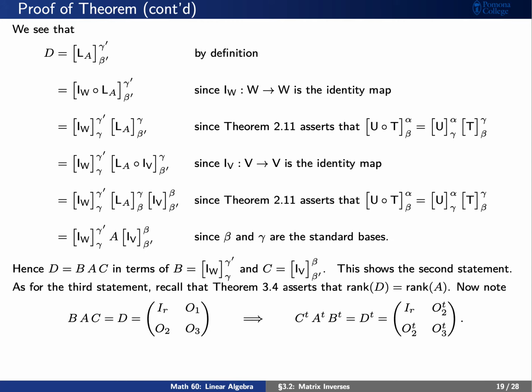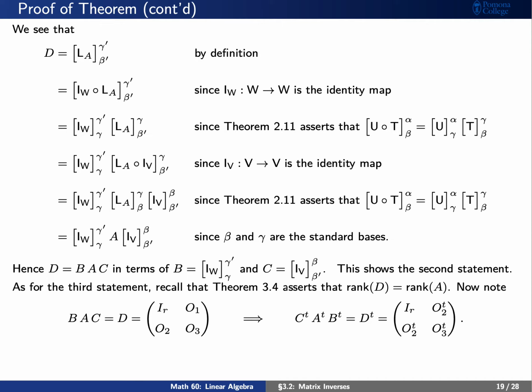Now note that if we take the transpose, then we see that for our matrix D, we can compute the rank by looking at the diagonal where the first R terms are equal to 1. For the transpose, we find the same concept, namely that we have a matrix where the first R elements along the diagonal are equal to 1.